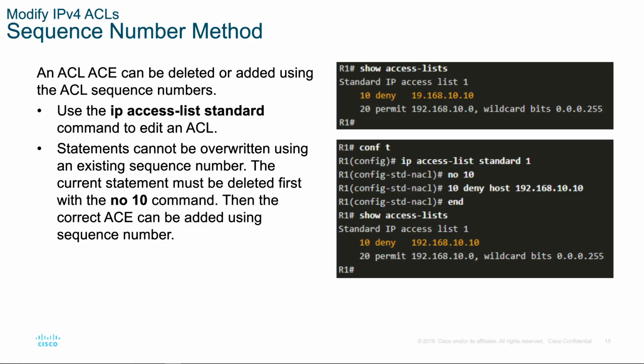So the way, if you wish to do it this way by modifying the sequence number, and it was line 20 that you wanted to change, you would have to insert a sequence 19 with the new line 20 and then delete line 20. It's the only way you can get around it.